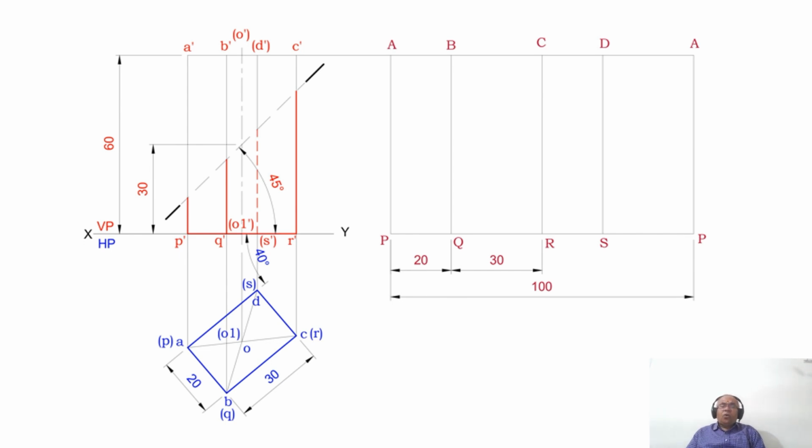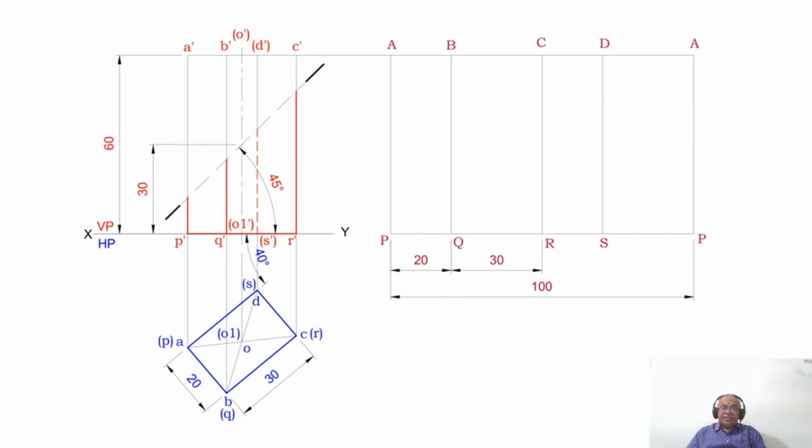So naturally all the sectional points you are going to get will be on the longer edges, that is AP, PQ, CR, DS and AP. Now how to start this? This is the development of the lateral surfaces of the prism without considering the section plane.